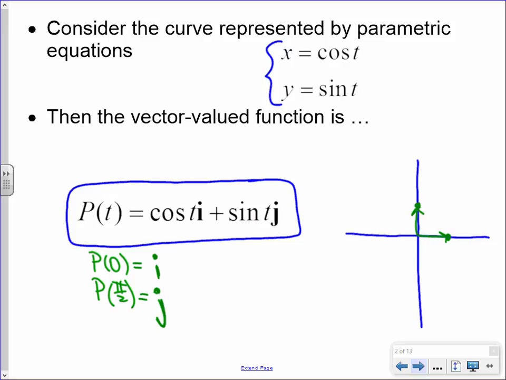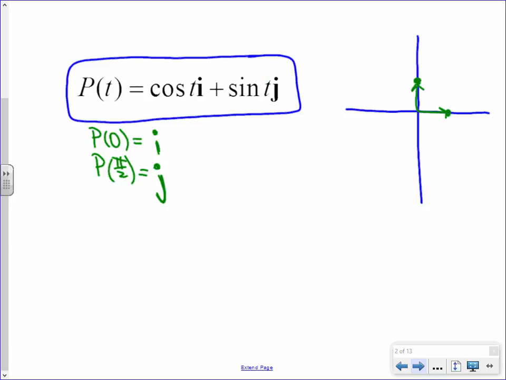There's the vector j, which means that's our coordinate for our function. What about p of pi?